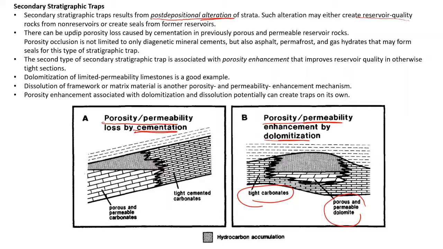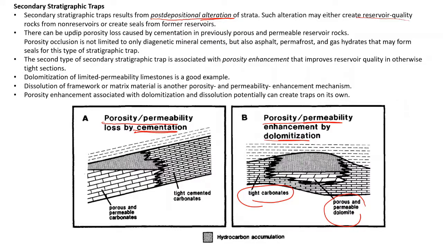is trapped. So basically the work of the trap is to arrest or to stop the oil from migrating, and any such process which leads to the formation of a barrier which stops the migration of oil, it is called a trap. So in the secondary stratigraphic trap, there could be a porosity enhancement by dolomitization or alteration, or there could be a porosity loss by the cementation.